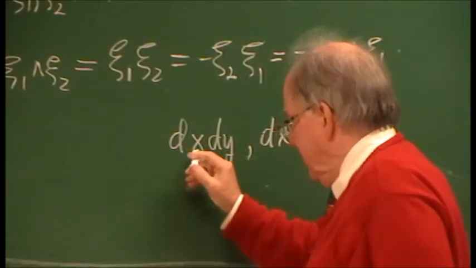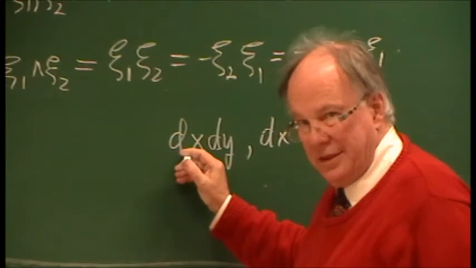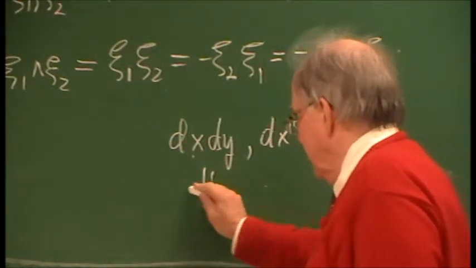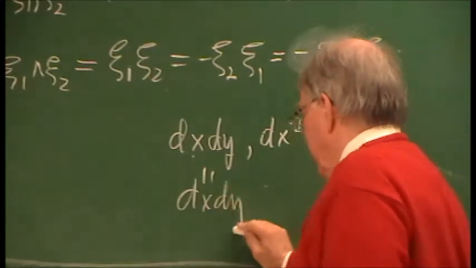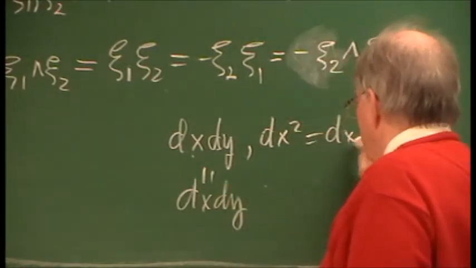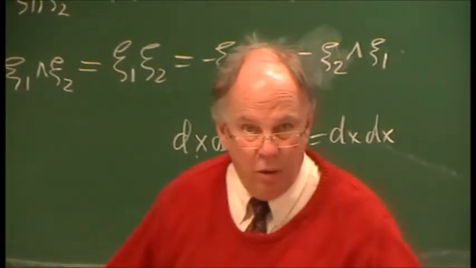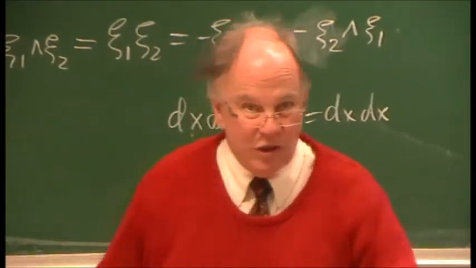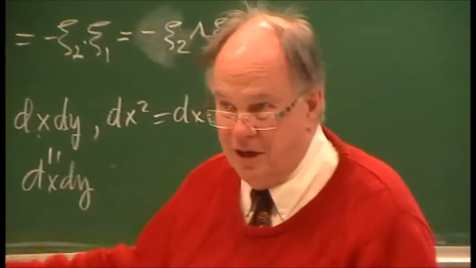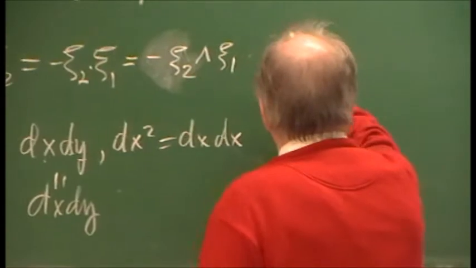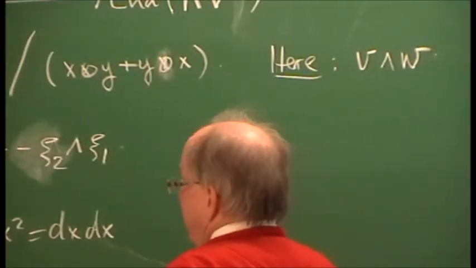The symbol means the symmetric product in the symmetric algebra. dx dy means simply that this thing is equal to this. This means dx times dx. Here, dx times dx is 0, right? Because it's alternating. Right here, dx times dx is something you find in Riemannian geometry. Okay. So we use this product thing.